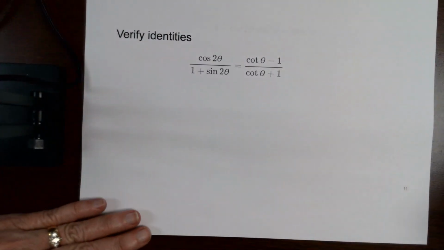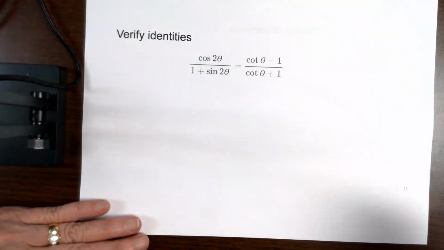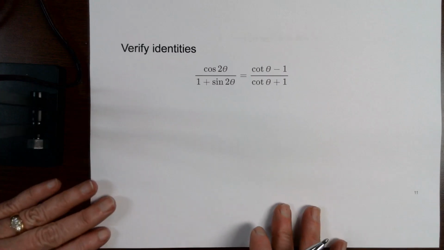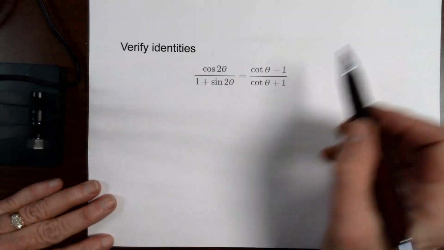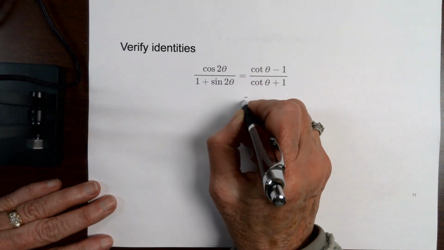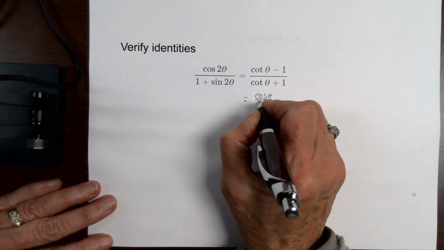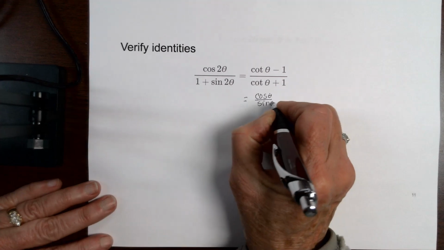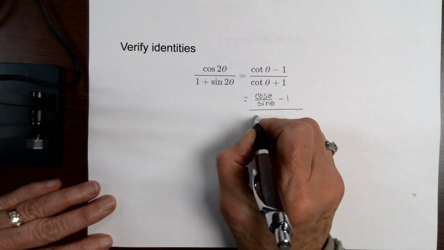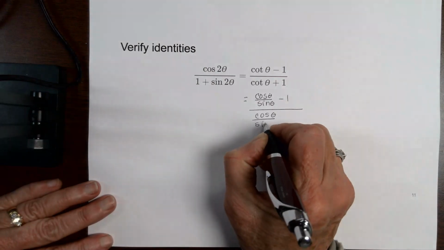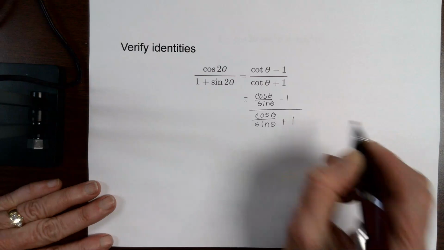All right, then you have identities that you're going to verify just like you did in the other problems, but this time you can add the double angle and the half angle here. So I think what we're going to do is work on the right hand side. So I've got the cosine of theta over the sine of theta minus 1 over the cosine of theta sine of theta plus 1.